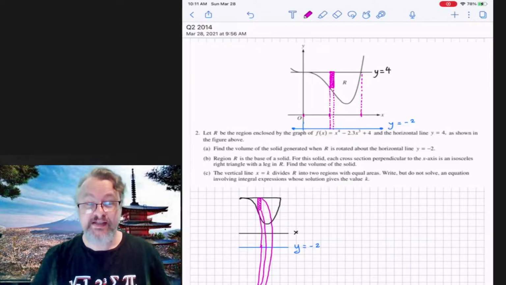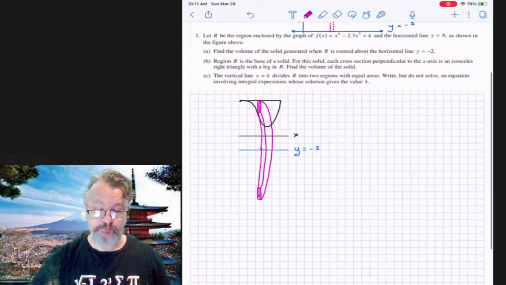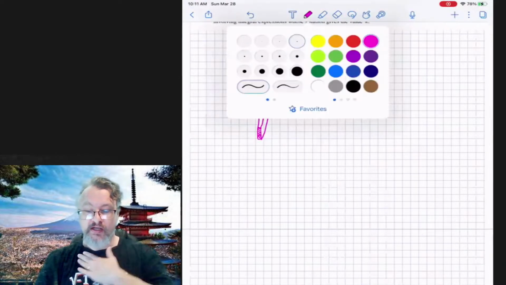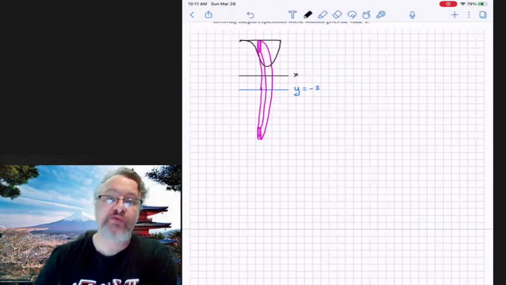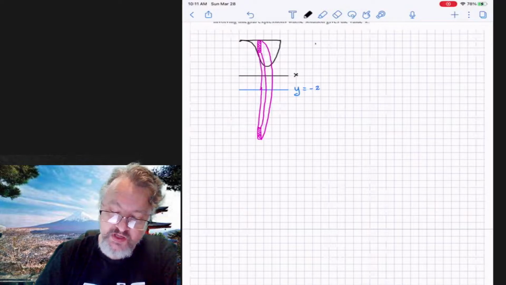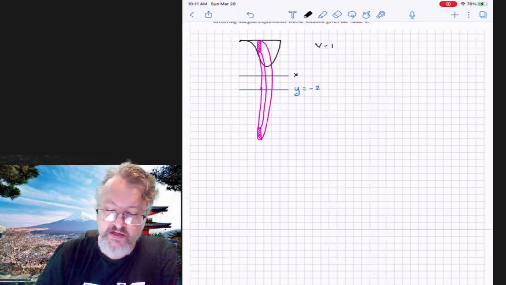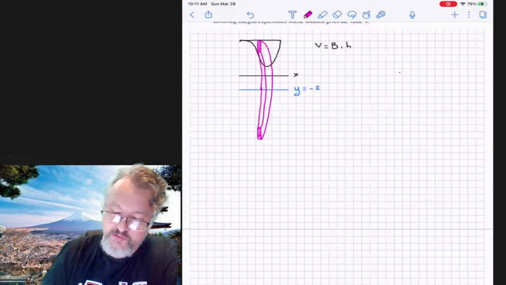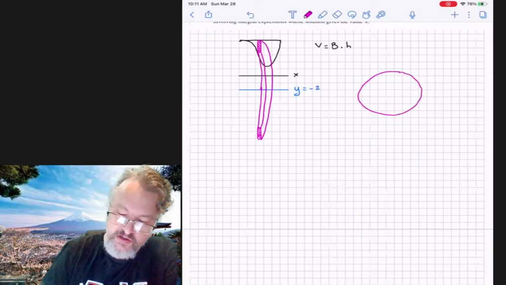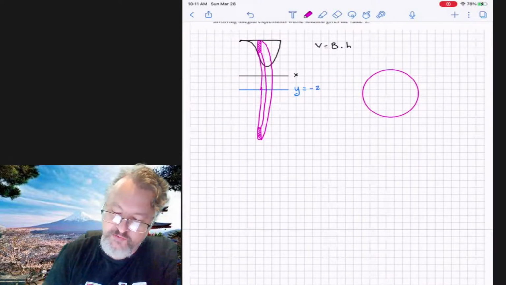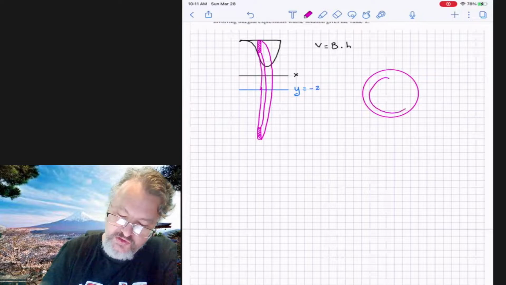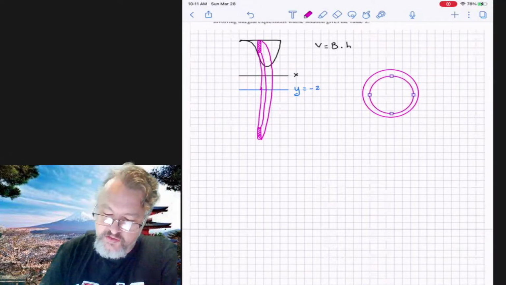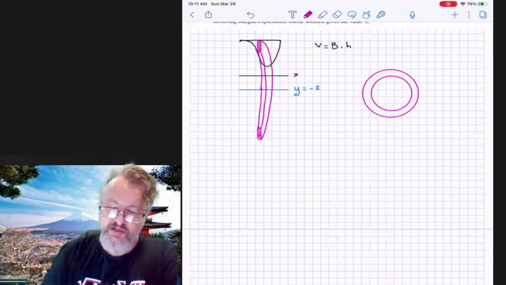But really, this disk is a prism, right? And as you know, the volume of a prism is given by the base times the height. If I were to draw that prism completely right here from the front, looking straight at the x-axis, I would have something like this.